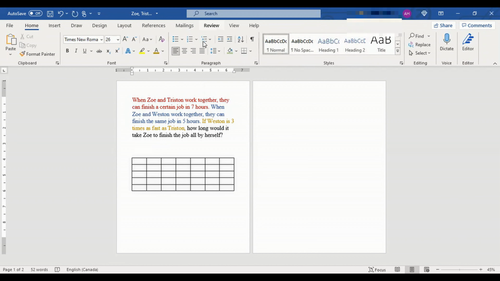Right, so to do this problem, we need to figure out how much of the job Zoe and Triston can do in 1 hour. As we can see, they can finish the certain job, this whole table, in 7 hours. So in 1 hour, it would make sense for them to be only able to finish 1/7 of the job, 1/7 being this column.